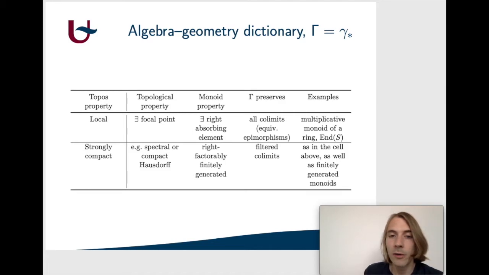And what are now the corresponding monoid properties that we found? We find that the topos is local if the monoid has a right absorbing element, and the topos is strongly compact if the monoid is right factorably finitely generated, which is slightly weaker than being finitely generated.